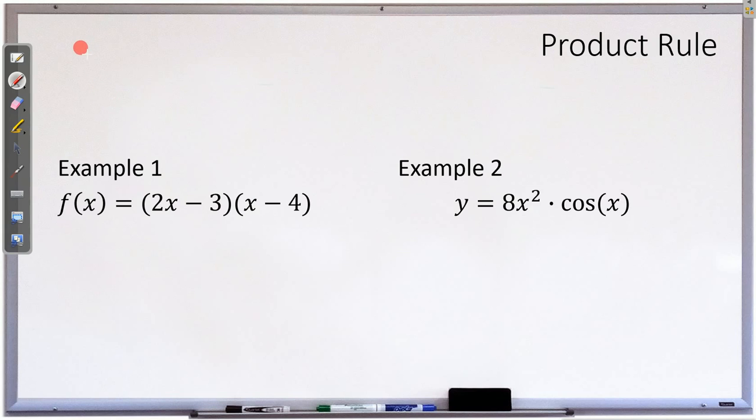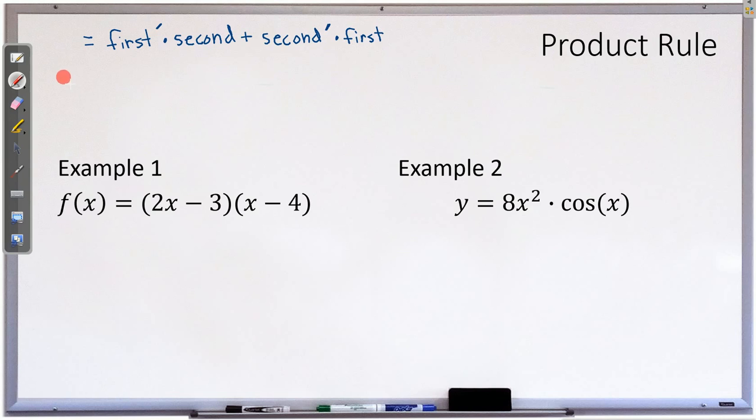To give you a very basic rule, the product rule is: you take the first function and take its derivative, then multiply by the second, whatever it is, you don't take the derivative. Plus, you take the derivative of the second and multiply by the original first without the derivative.